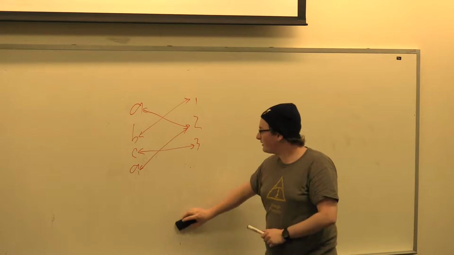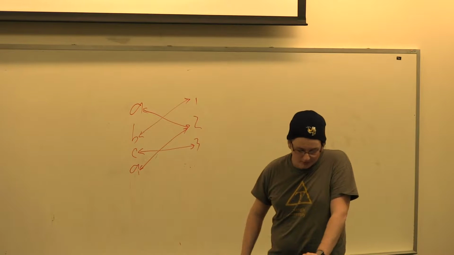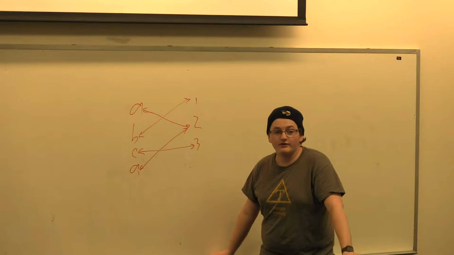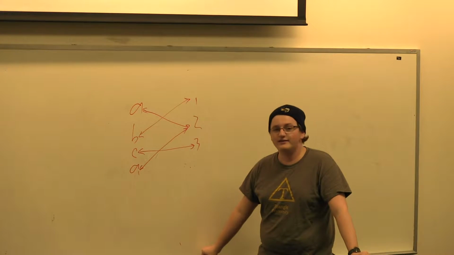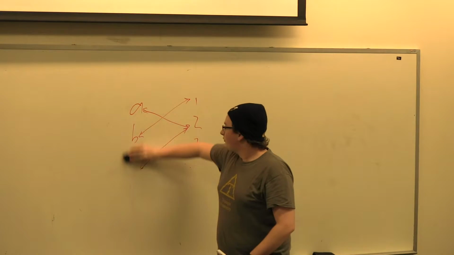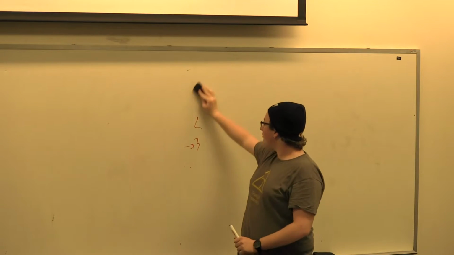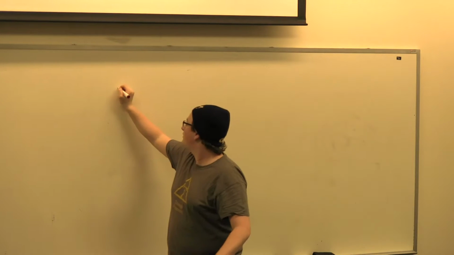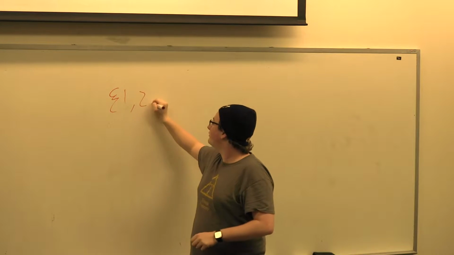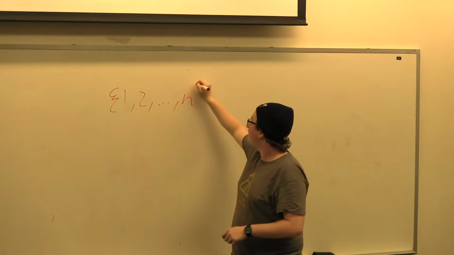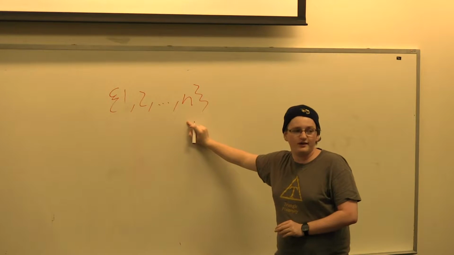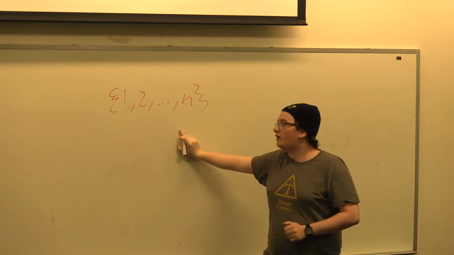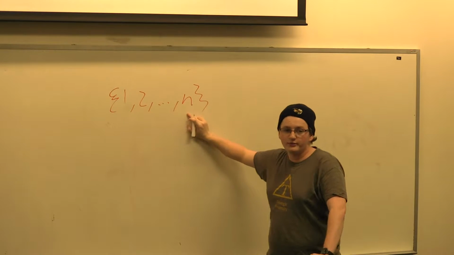From the concept of a bijection, we can come up with the concept of cardinality, which is a measure of the size of a set. So we start with the set 1, 2, ... n. This is a finite set, it has a finite number of elements. These are all natural numbers.